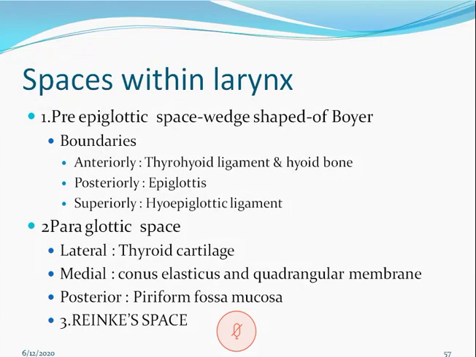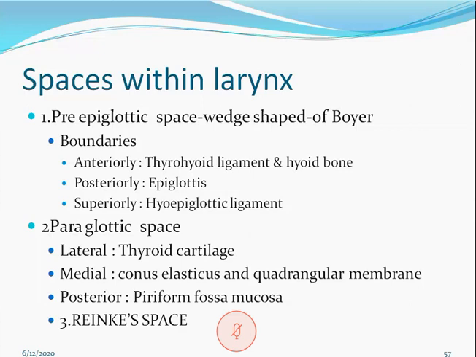Regarding the spaces in the larynx, we have the pre-epiglottic space. It is wedge-shaped and is called the space of Boyer. The boundary is the thyroid ligament and hyoid bone anteriorly, the epiglottis posteriorly, and the hyoepiglottic ligament superiorly. That's why it is wedge-shaped.